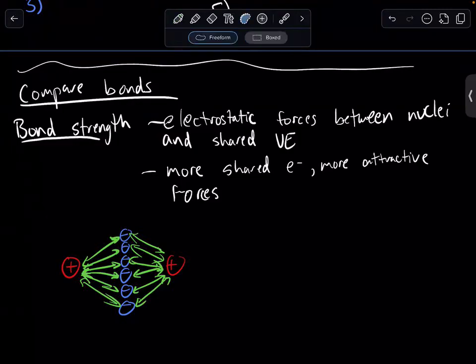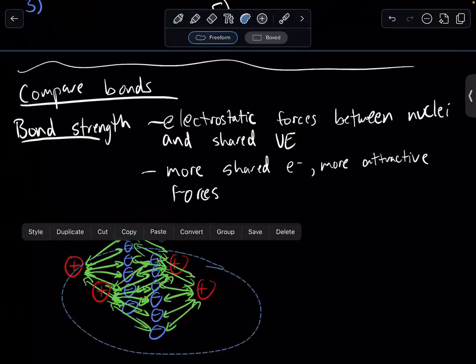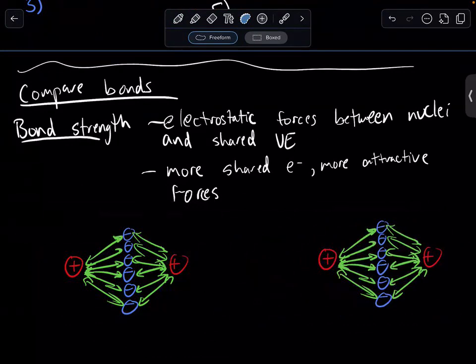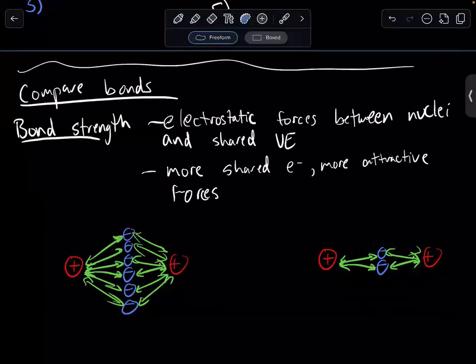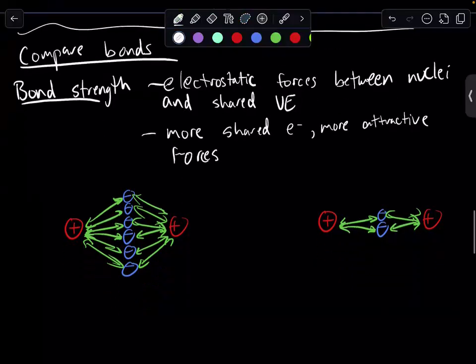Meanwhile, if we take this diagram, duplicate it, and we get rid of a few of these electrons, like let's say 2 on the top and 2 on the bottom, we notice that there are less electrostatic attractions and less attractive forces.